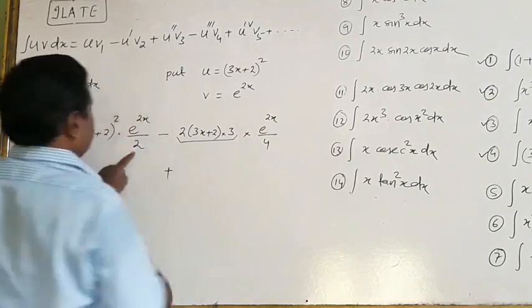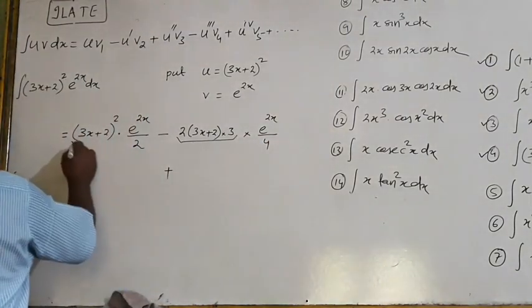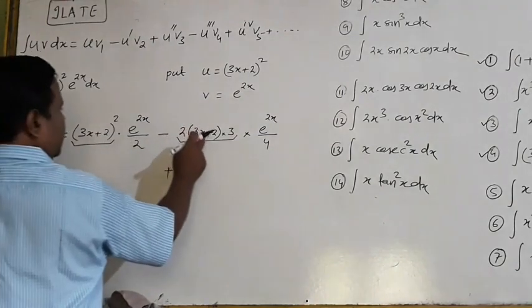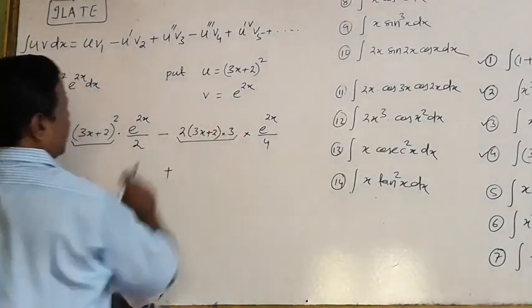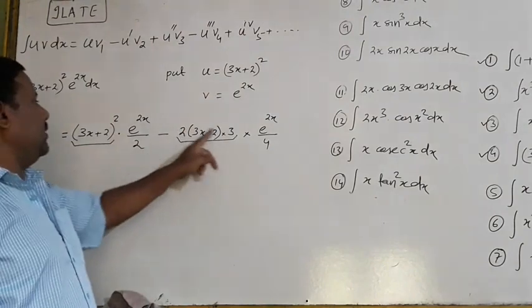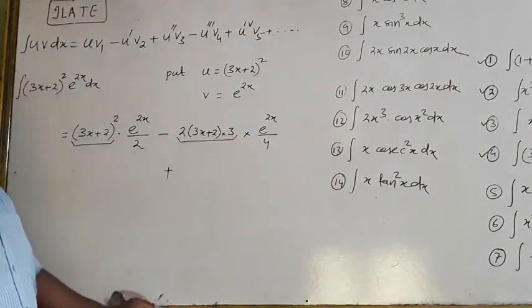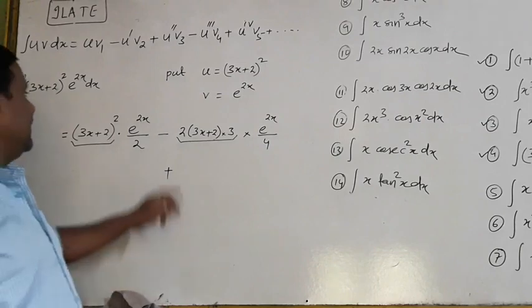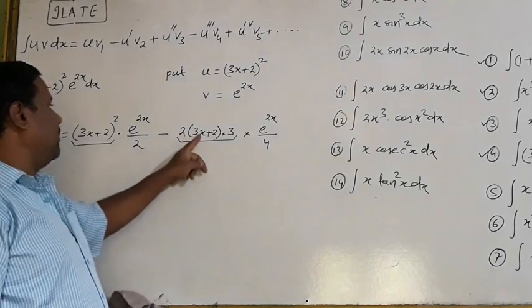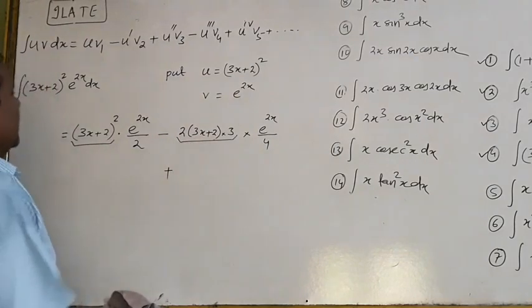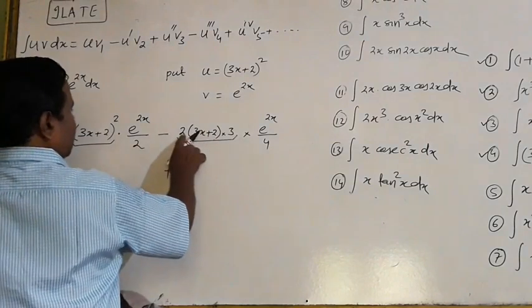Next, plus. First part is this, its derivative is this. Now tell me, what is this? It is 2 into 3, 6 into (3x + 2), that is 18x + 12.